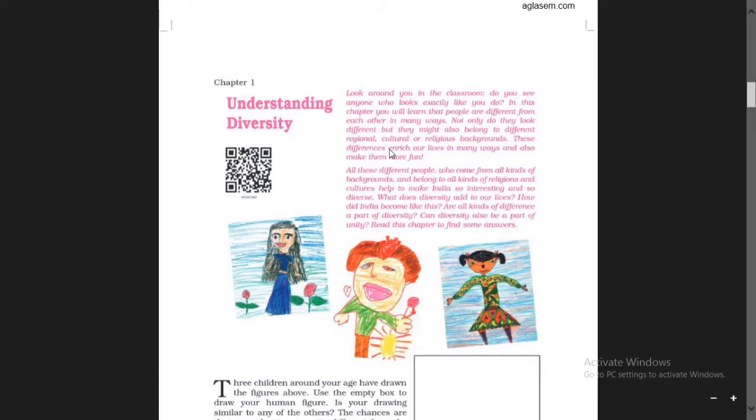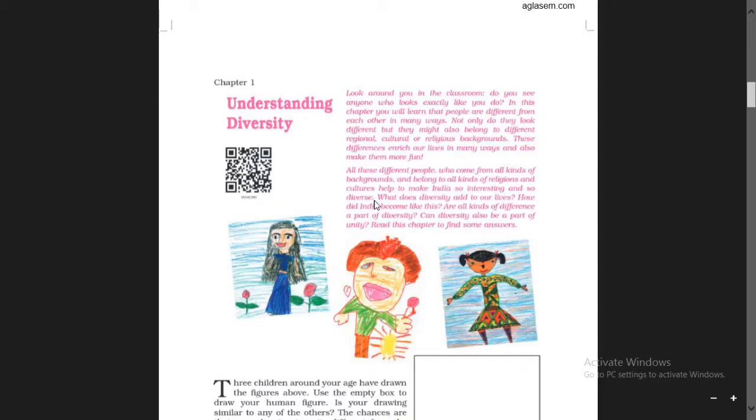These differences enrich our lives in many ways and also make them more fun. All these different people who come from all kinds of backgrounds and belong to all kinds of religions and cultures help to make India so interesting and so diverse.